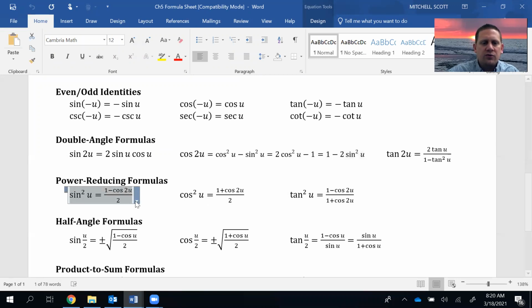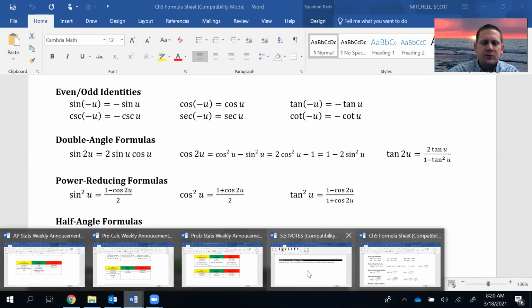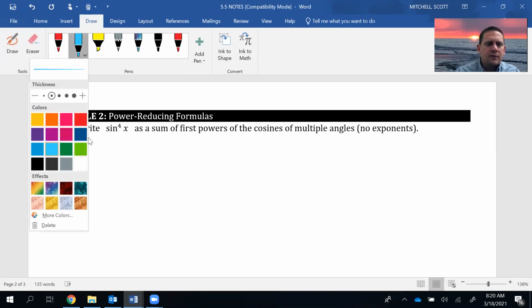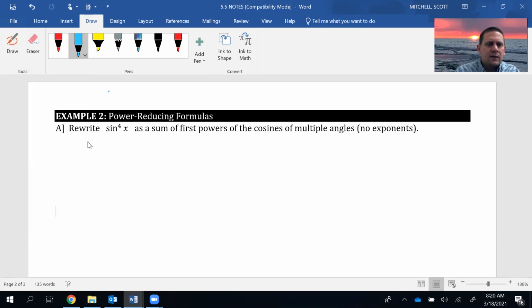We're trying to get everything into cosine. So 1 minus cosine of 2u over 2 is what we're going to use. So really what we have here in terms of the sine, this is really sine squared squared. Okay, so really this is the power reducing formula. It's 1 minus the cosine of 2x all over 2, but then that's squared.